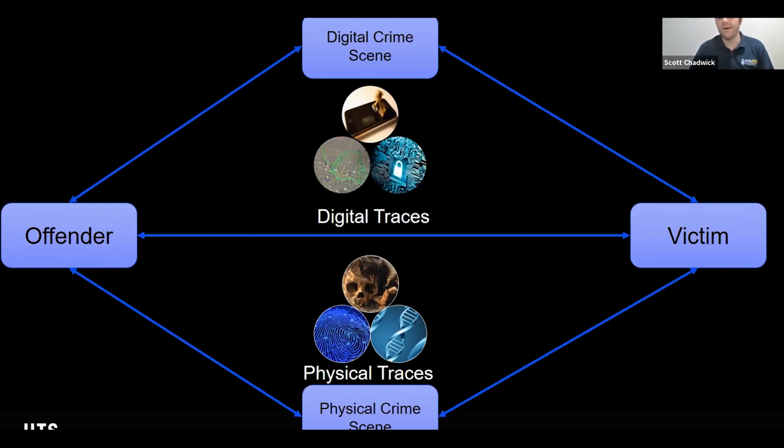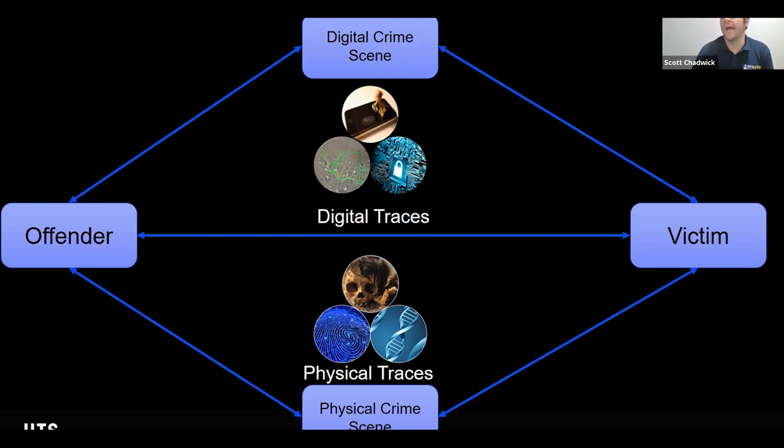How we can think about this is 10 to 15 years ago, if there was a robbery, there had to be a person going to a bank or going to somebody's house and stealing a physical item. It could be jewelry, it could be money. And we would be looking for traces of DNA or fingerprints to try and put that offender at that crime scene.